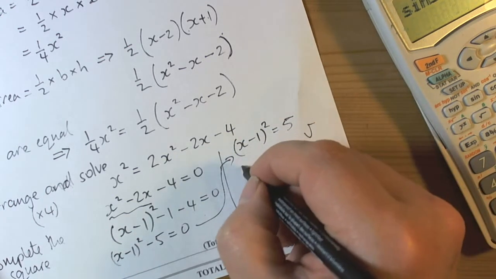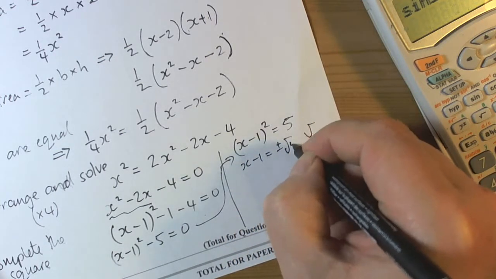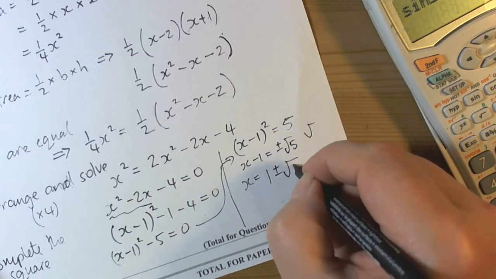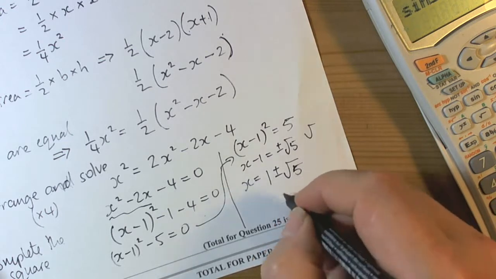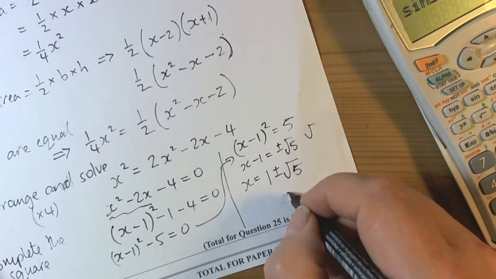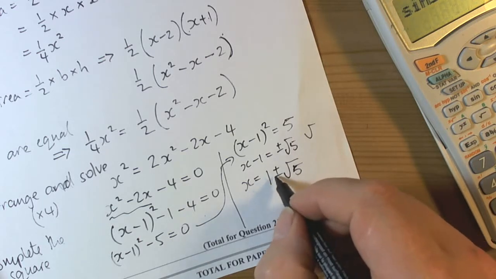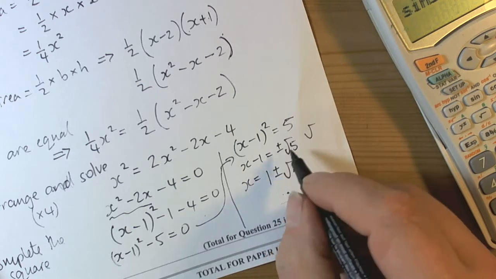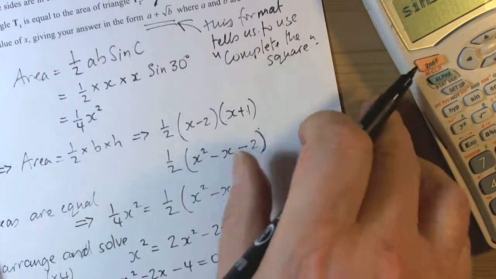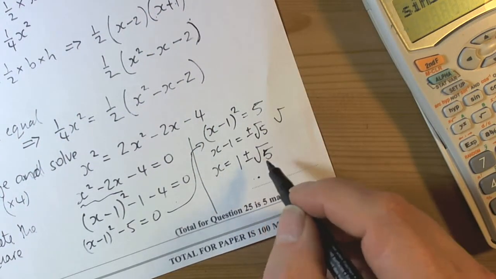Square root both sides, so we end up with x minus 1 equals plus or minus the root of 5. So x equals 1 plus or minus the root of 5. That will be our final answer because it wanted it in the form a plus the root of b. Because it wants a positive value, when we look through the question, it says work out the value of x. x will have to be a positive value because we can't have negative lengths.